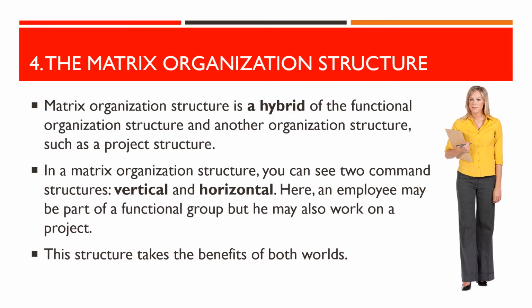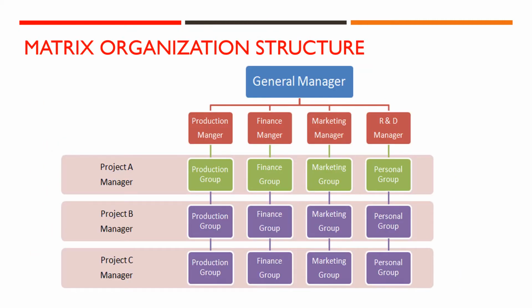The matrix organization structure is a hybrid of the functional organization structure and another organization structure, such as a project structure. In a matrix organization structure, you can see two command structures, vertical and horizontal. Here, an employee may be part of a functional group, but she may also work on a project. We can see an example of a matrix structure in the diagram here.